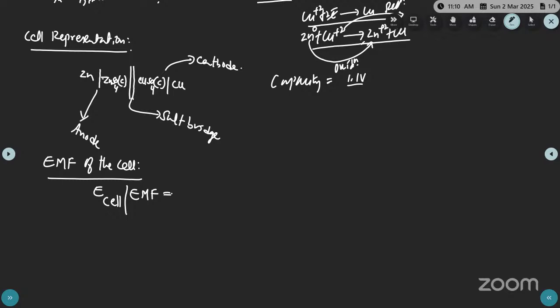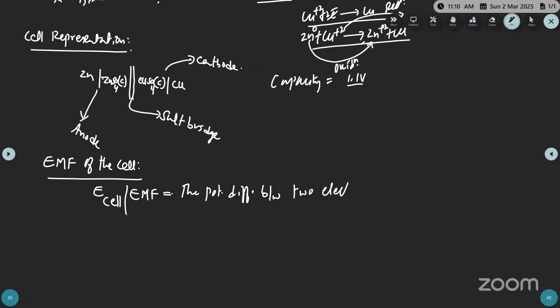Every cell has two electrodes. So remember that every cell has two electrodes. Then how can you define EMF or E cell? EMF or E cell can be defined as the potential difference between two electrodes in a cell.